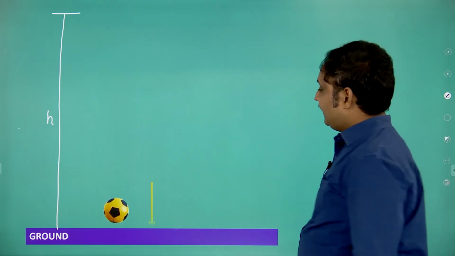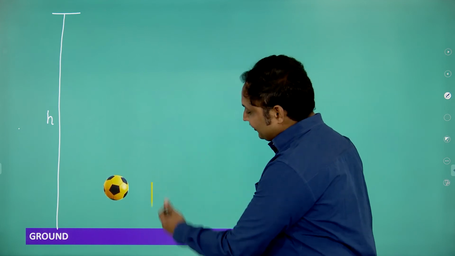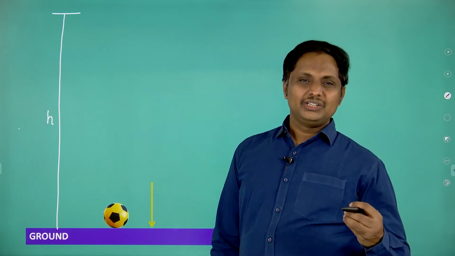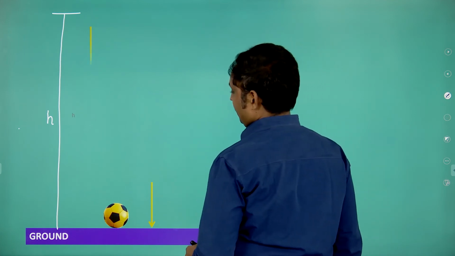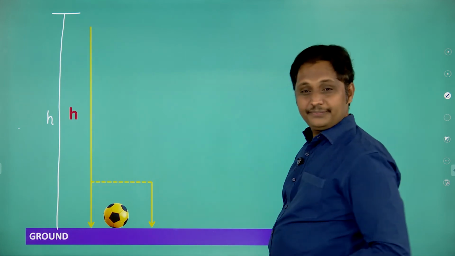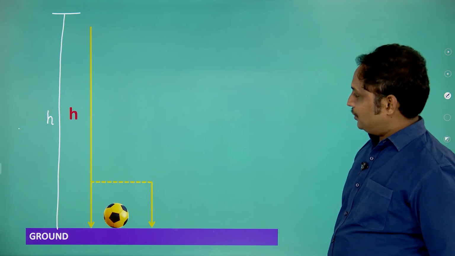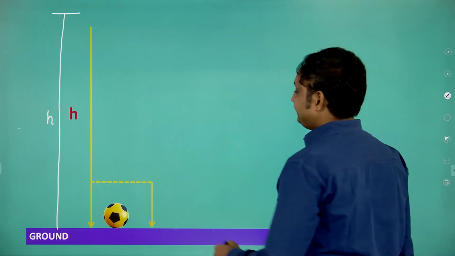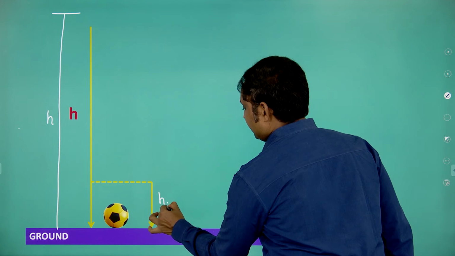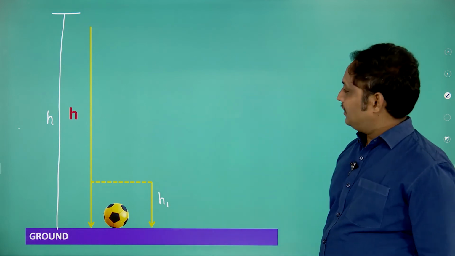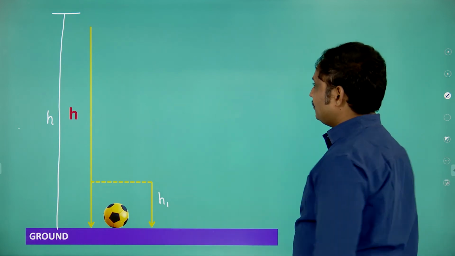It is allowed to fall down, and in the last duration of time it is going to be up to this extent. What happened? It's going to be h1, right? You have to take this one.